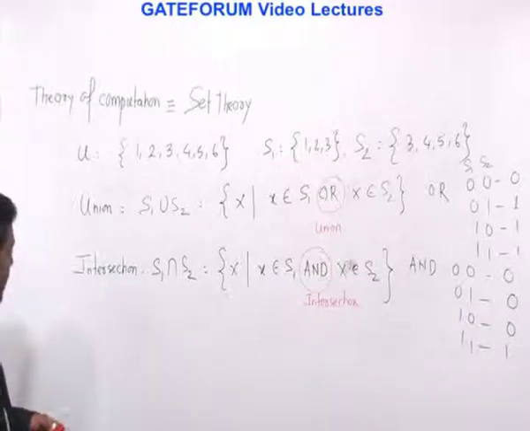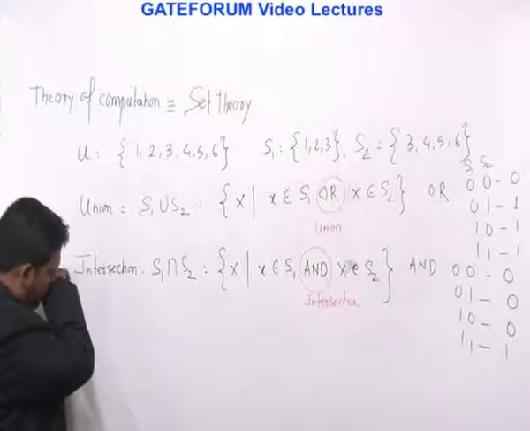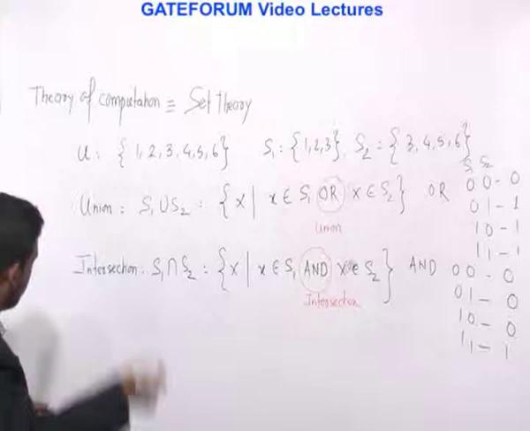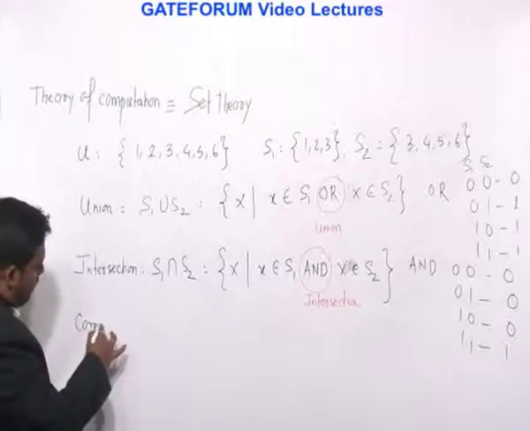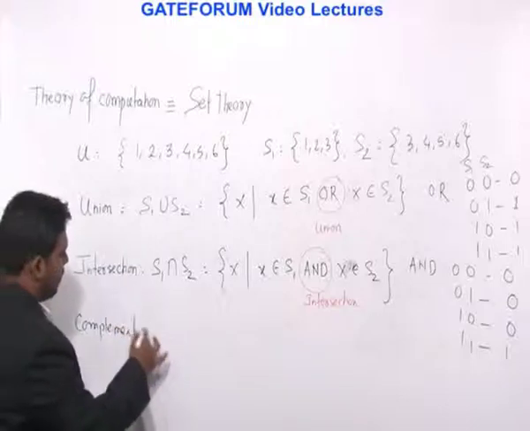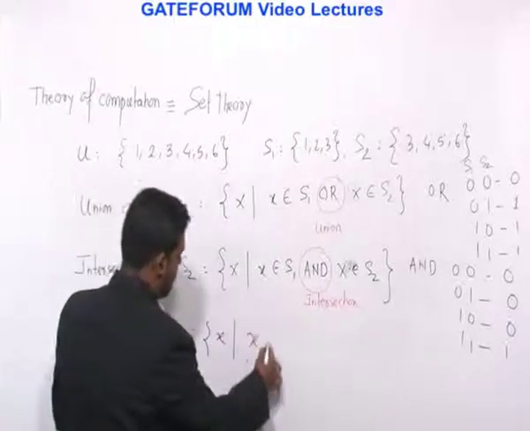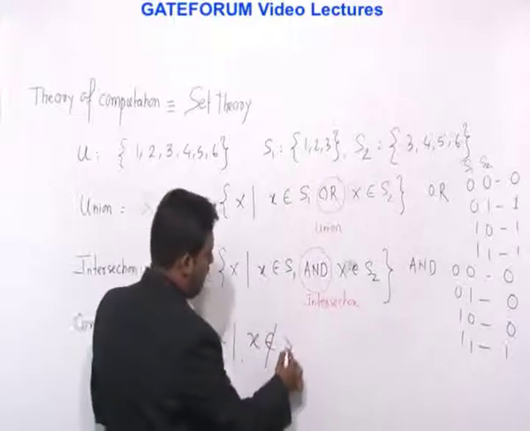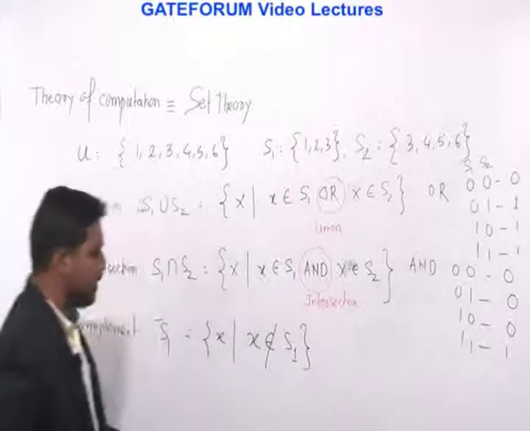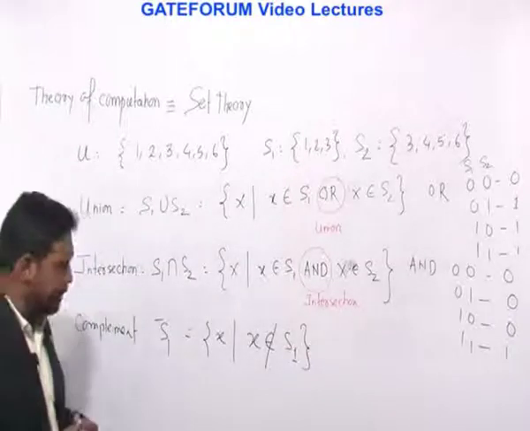Now let's look at the complement. S1 complement is what? All X such that X is not an element of S1. If X is not an element of S1, then what is it an element of?